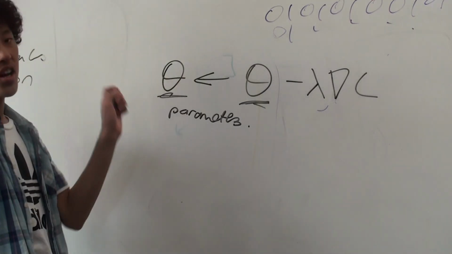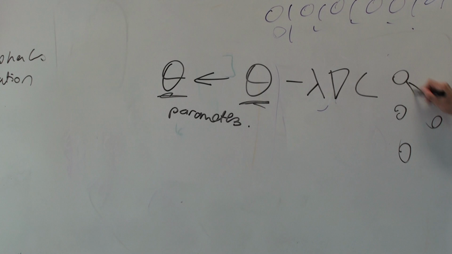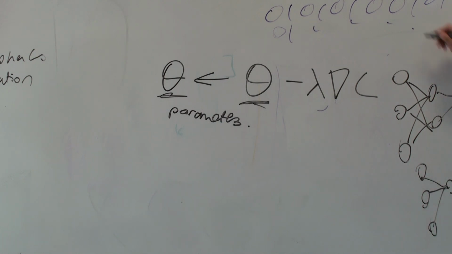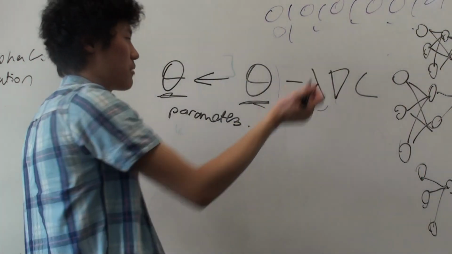But the question is, if I have some neural network architecture that looks like this, is this good, or is this good, or is this good? You can have multiple different model layouts. Or is not using neural networks good? Maybe you have to use random forest and stuff.